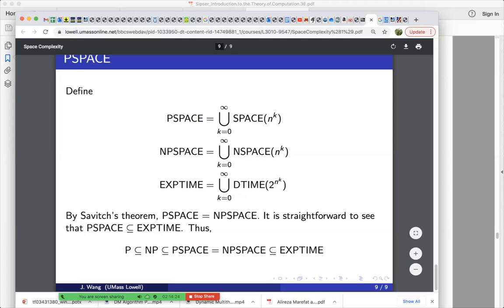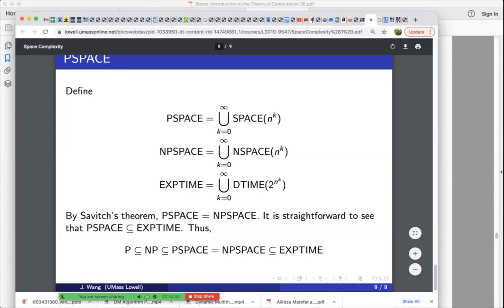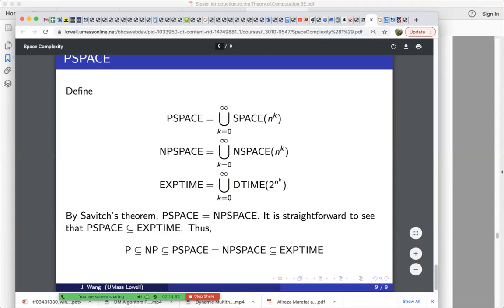So these two classes are actually identical: PSPACE is equal to NPSPACE. And then we define exponential time, which is a union of deterministic time of 2 to the n to the k, k from 0 to infinity. Then we know that NPSPACE is included in EXPTIME.